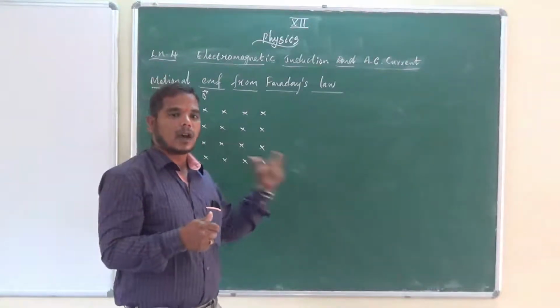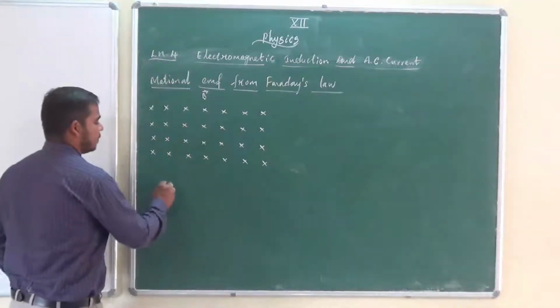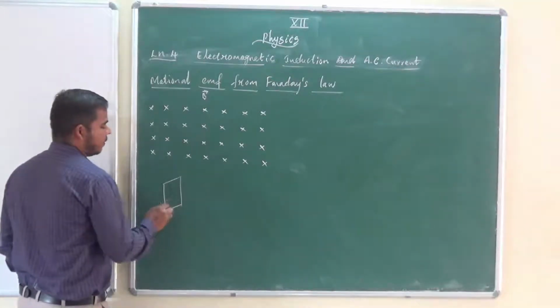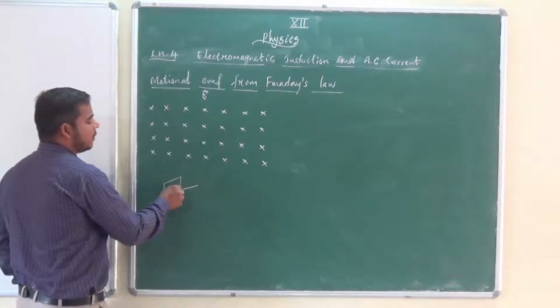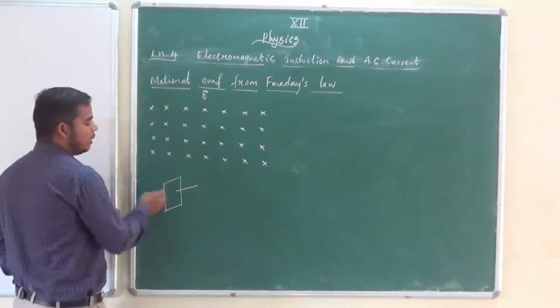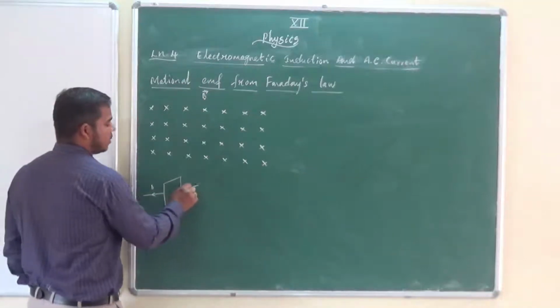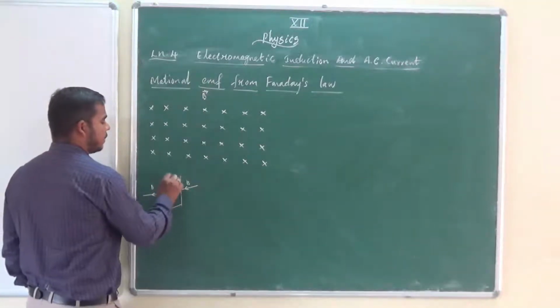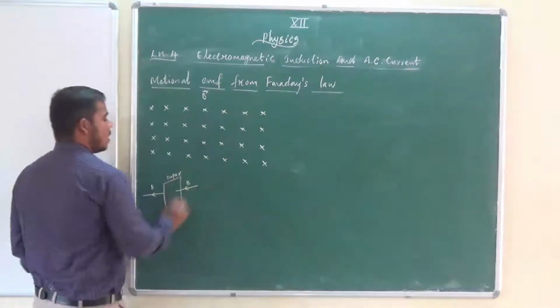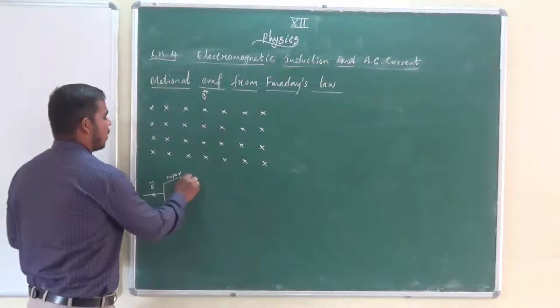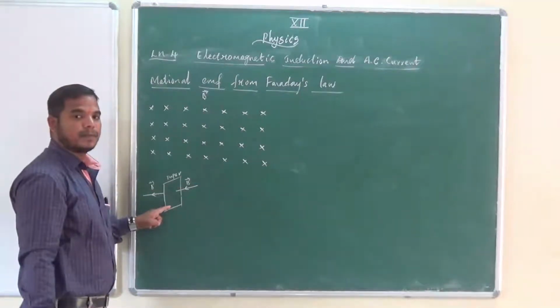Suppose I draw one diagram. See that? Assume this is the paper. The uniform magnetic field enters into the paper and comes out of the paper; I will show that direction. This is the paper. The magnetic field is perpendicular to the paper, or the paper is perpendicular to the magnetic field.